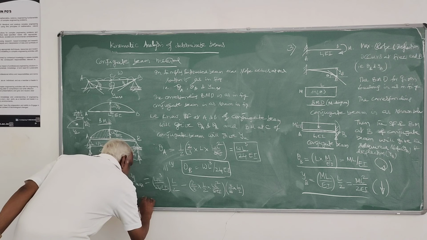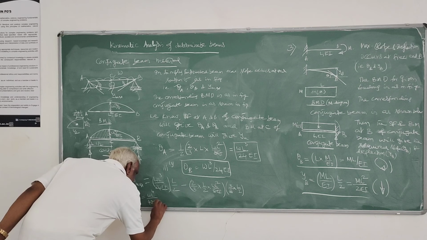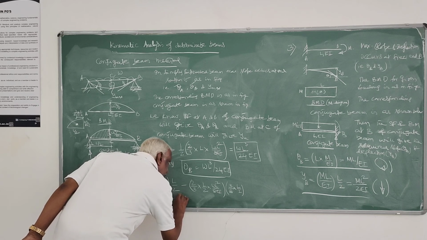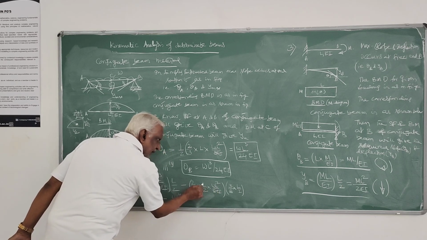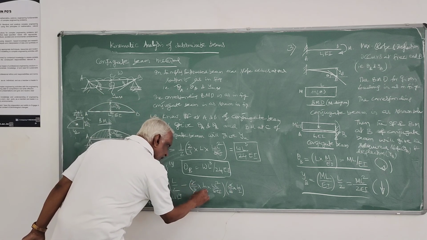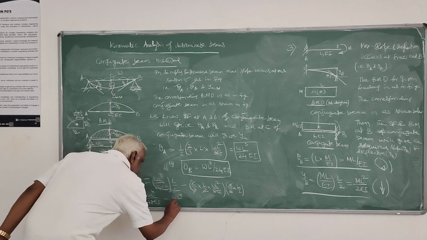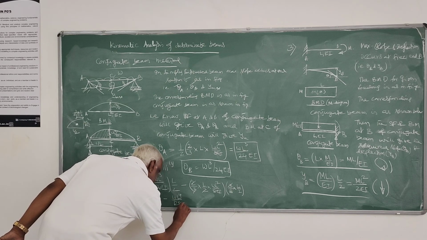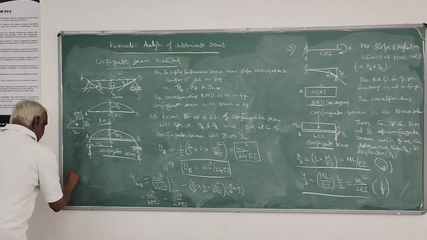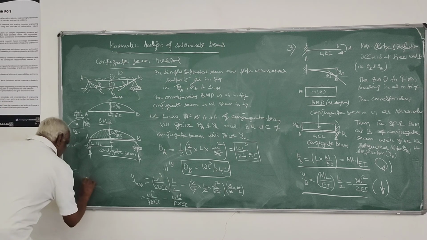So that is nothing but W L to the 4 by 48 EI, minus this, W L to the 4. The 3 gets cancelled, the 2 gets cancelled. You have 8 into 8, 64, into 2, 128. Now you take the LCM of 48 and 128. What is that? 384. Yes, sir.